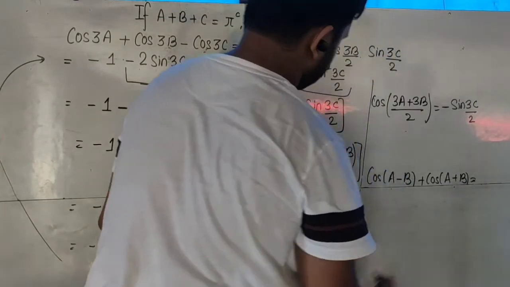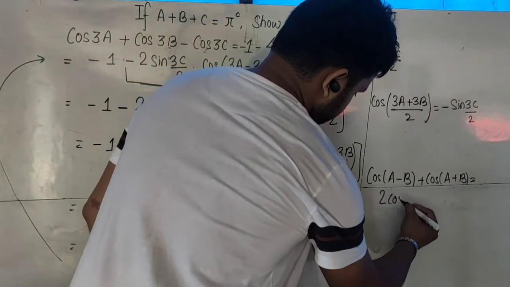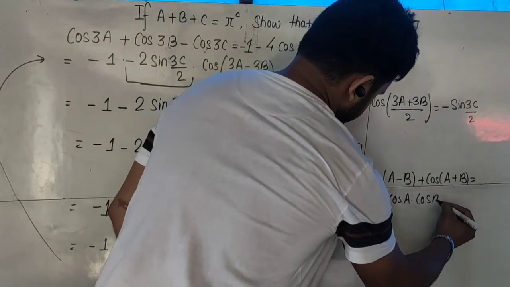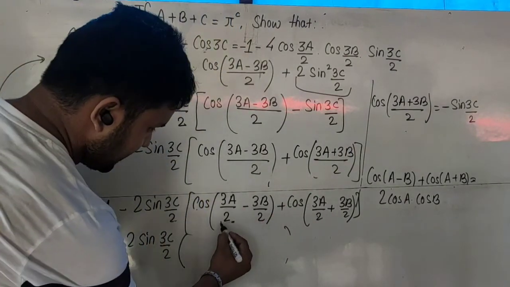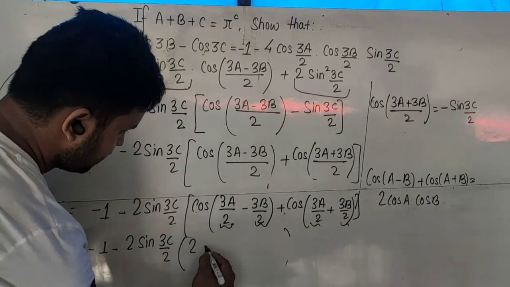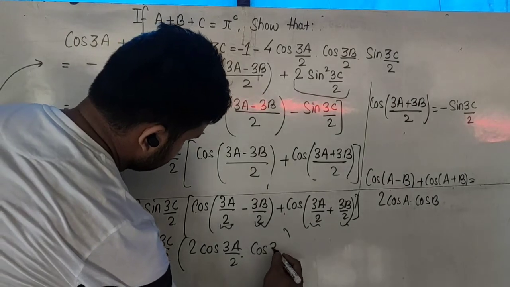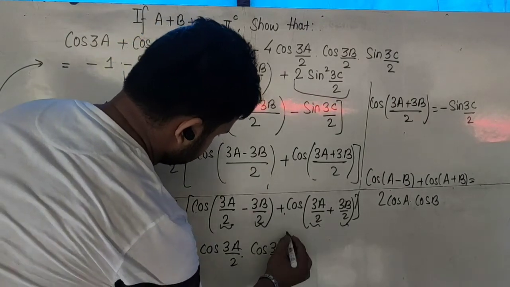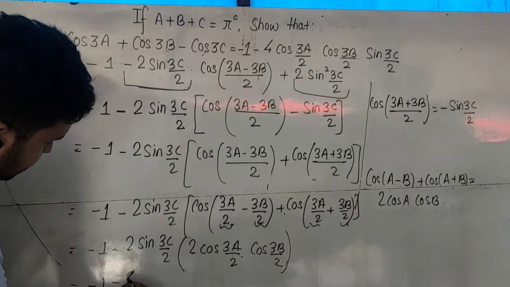If you look at the formula, cos (A minus B) plus cos (A plus B) is 2 cos A cos B. Now you have here minus 2 to the 4.